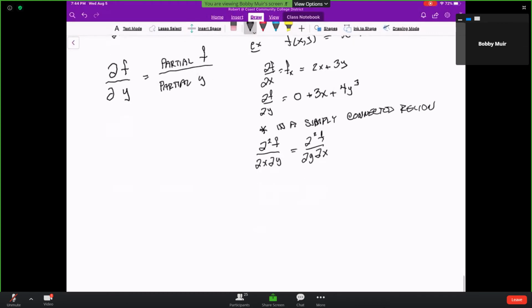This is Clairaut's theorem. So why is f of x y equaling c the implicit solution?